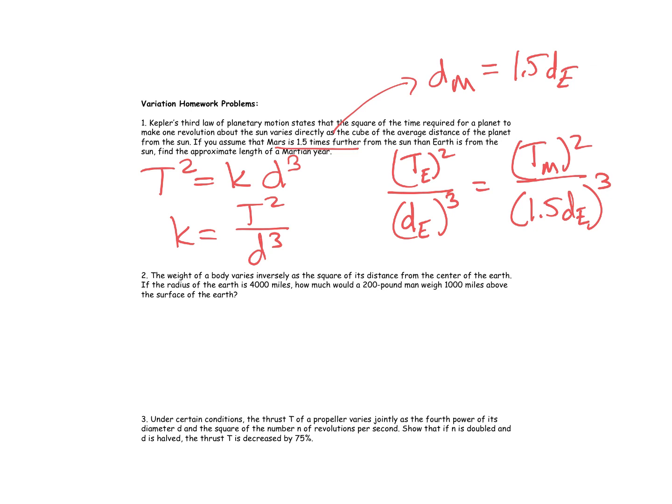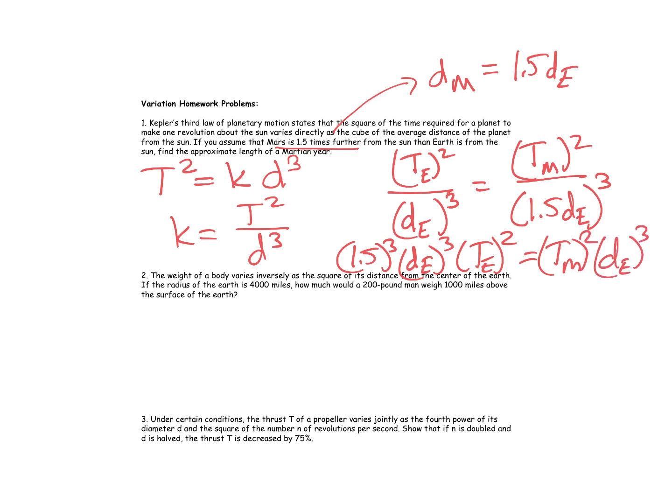All right, so if we cross multiply here, I'm going to break up the 1.5 and the D Earth cubed. So I'm going to get 1.5 cubed, distance Earth cubed, times time Earth squared equals time Mars squared times distance Earth cubed. And notice both sides have distance Earth cubed, so those are going to cancel each other out.